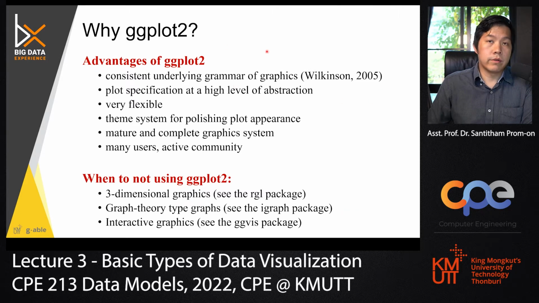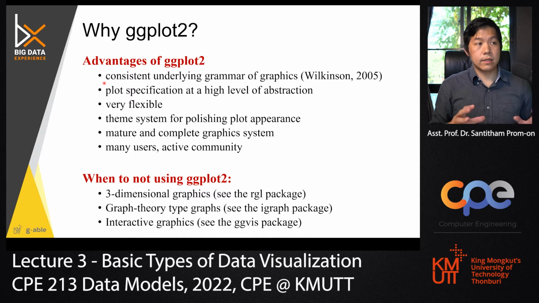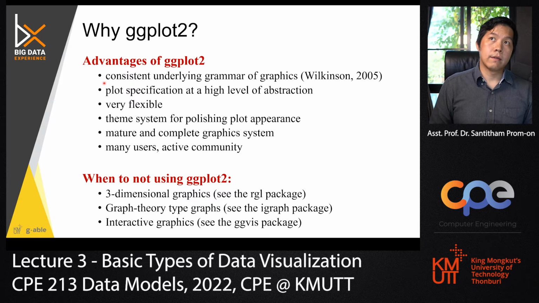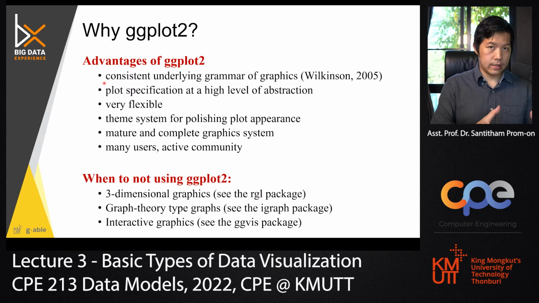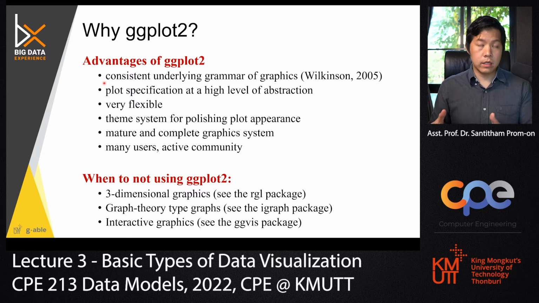Okay, ggplot2 allows you to create graphs with consistent graphics primitives. That means there are basic functions that can be used to create graphs, and they are quite consistent throughout the package. It means that you need to declare data, declare the plot, declare the modification, just that.